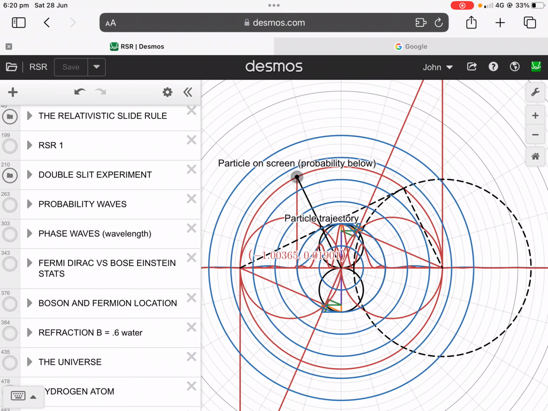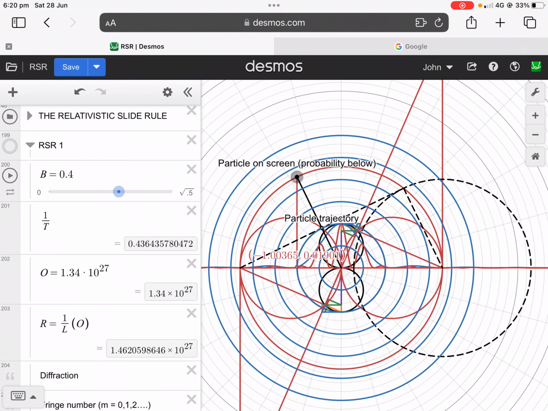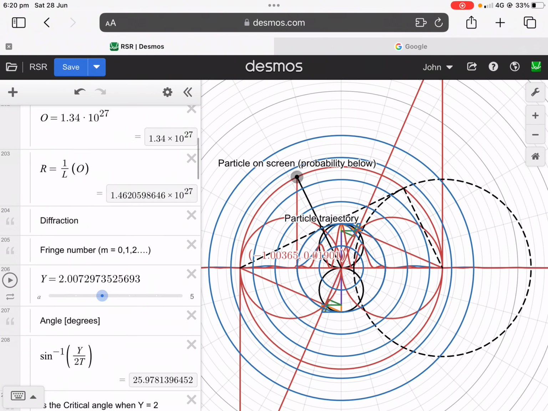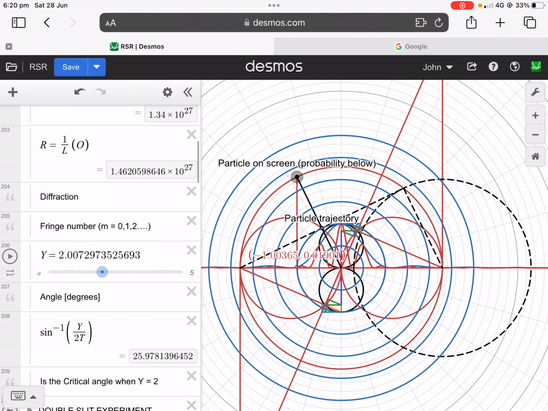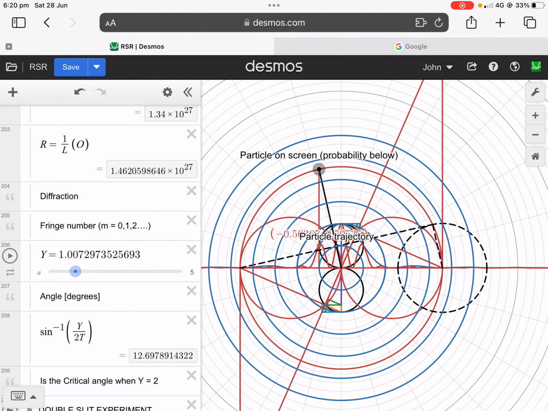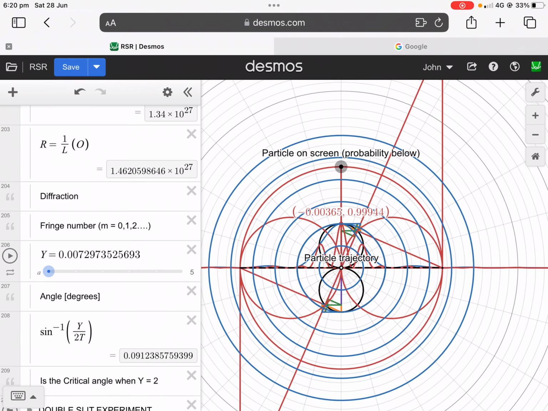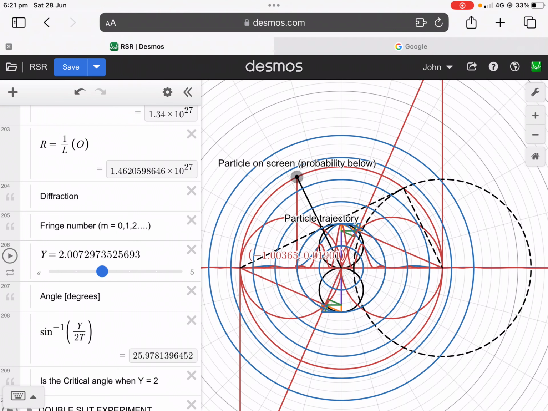So here I've made B 0.4, and I've got my Y on 2. You can change it to 1 or to 0, and put it back to 2, say.